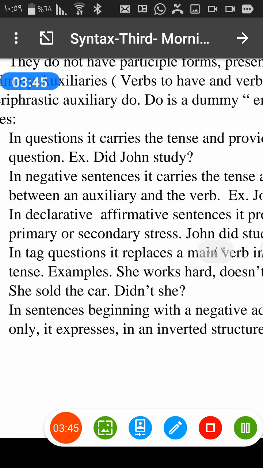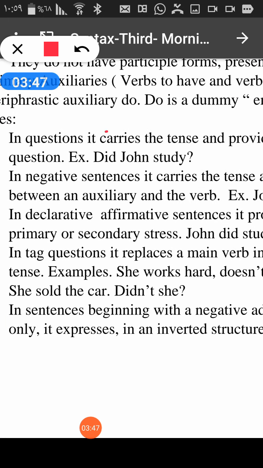So for example here, did John study? Did is an auxiliary which shows that the sentence is in the simple past because did is used in the simple past. This is the first function, the first use of do.